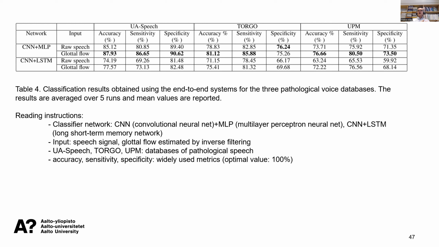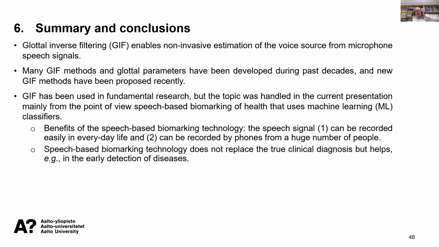So it helps the training of the system by converting the very complicated speech pressure signal into a more simple, elementary type of waveform, which is the glottal source. When that signal is used as the input, the system seems to perform better. However, if we had a large amount of data, then we most likely wouldn't have this kind of difference. So I think that we have come to the final section of my talk.